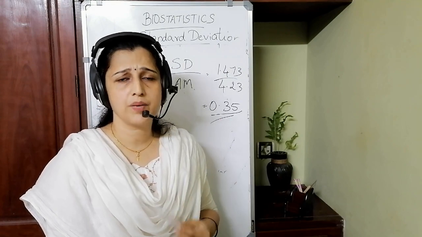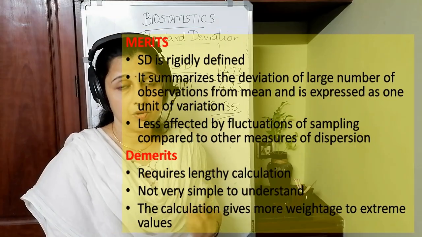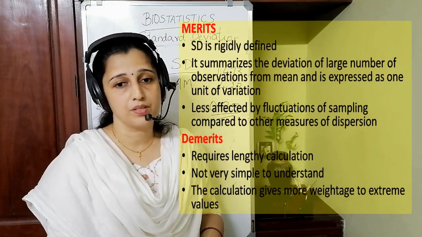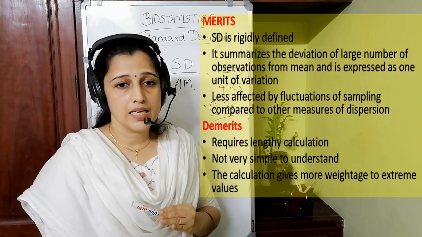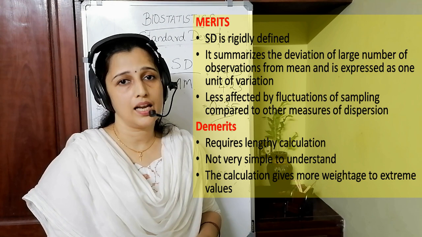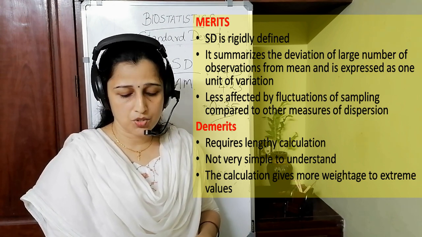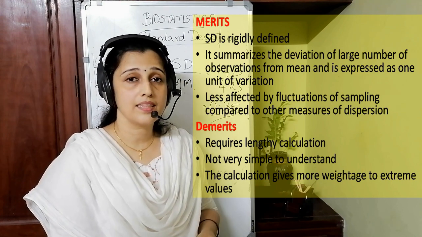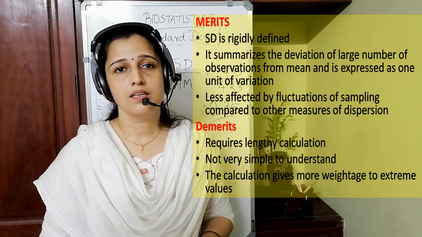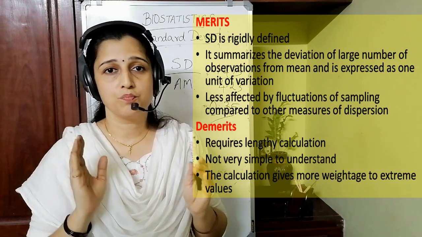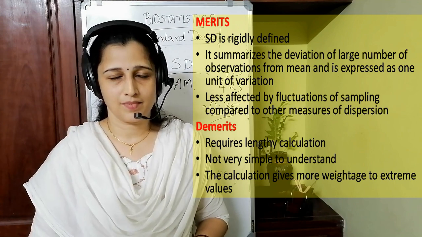It is also less affected by the fluctuations of sampling. These are the merits. Coming to the demerits, it requires a lengthy calculation, is not easily understood, and gives more weightage to the extreme values. Thank you.